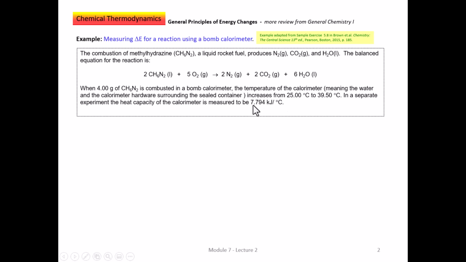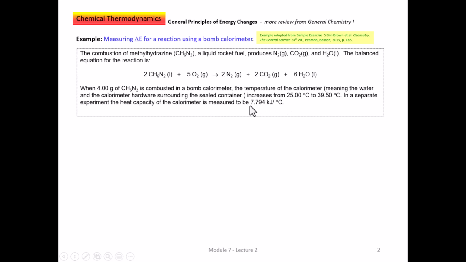You might ask, this is a random piece of information. Where did this come from? In order to determine the heat flow from the methylhydrazine and thus the change in internal energy, you need to know how the calorimeter reacts to heat flow. And so if you performed a reaction in which you knew how much heat was flowing, a known reaction, you could measure the response of the water in the calorimeter.